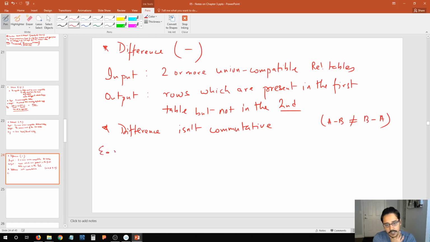So for example, again, if we take the example from intersect, where we were trying to find students who are also employees. Instead of students who are also employees, if you want to find students who are uniquely students, uniquely is not the best word, but who are not employed by the university, then you can simply do students minus employee.